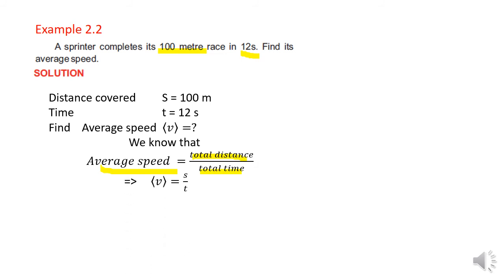In the mathematical equation, v is equal to s divided by t. Then by putting the values, v is equal to 100 meter divided by 12 seconds, which is 8.33 meter per second. So the average speed during the whole race of the sprinter is 8.33 meter per second.